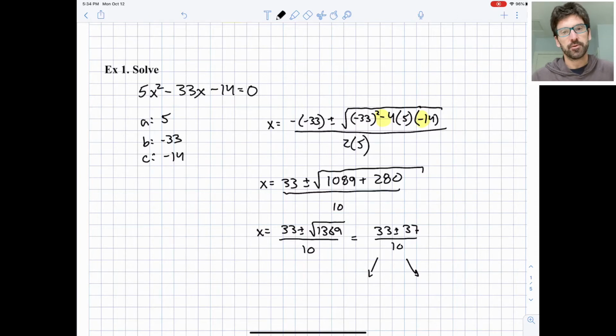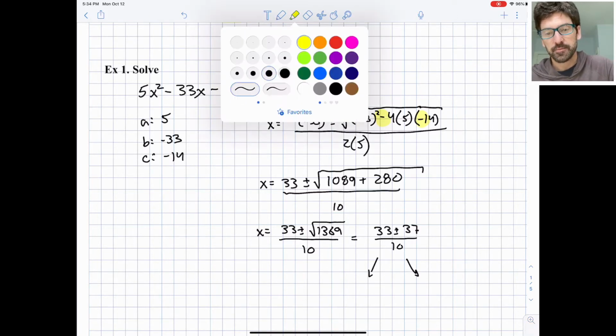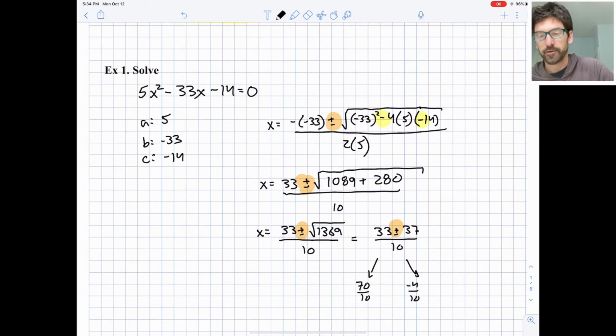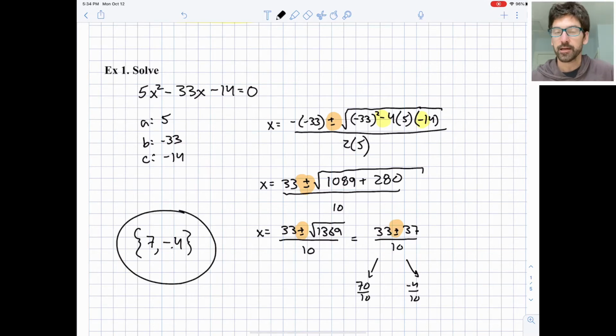That plus or minus is what gives us the option of getting 2 answers. 33 plus 37 is 70 over 10, and 33 minus 37 is negative 4 over 10. So my solutions are x equals 7 or x equals negative 0.4. Those are our two answers for what x could be in that equation.